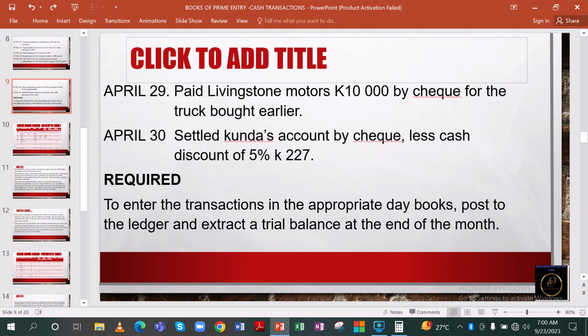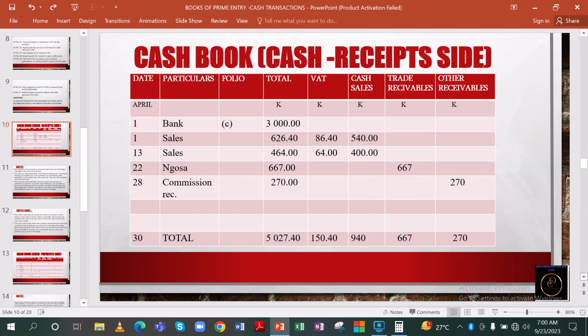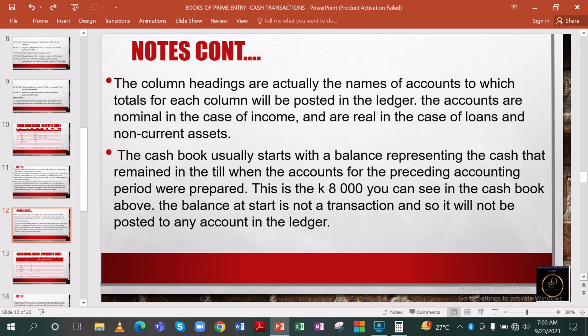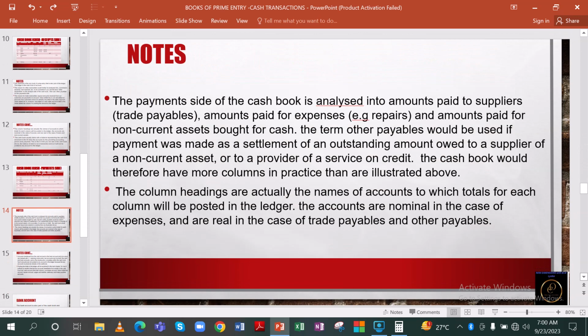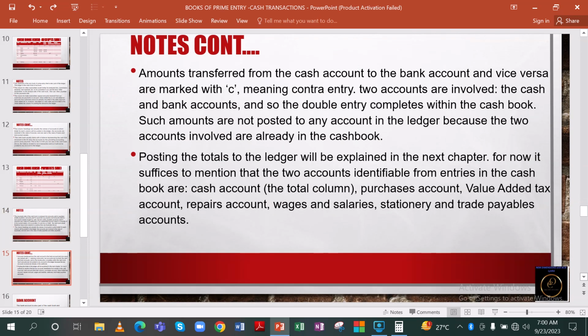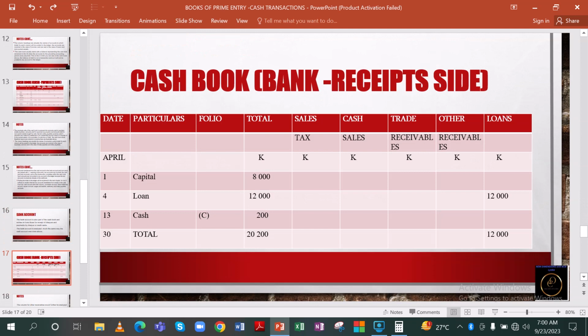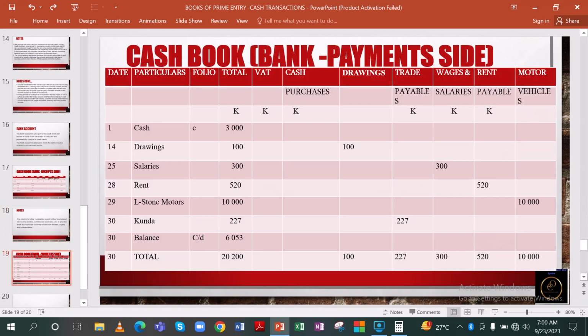Now we decided to pay Kunda on April 30th, to the tune of 227. Payment by check. So Kunda was paid 227, which is recorded there.